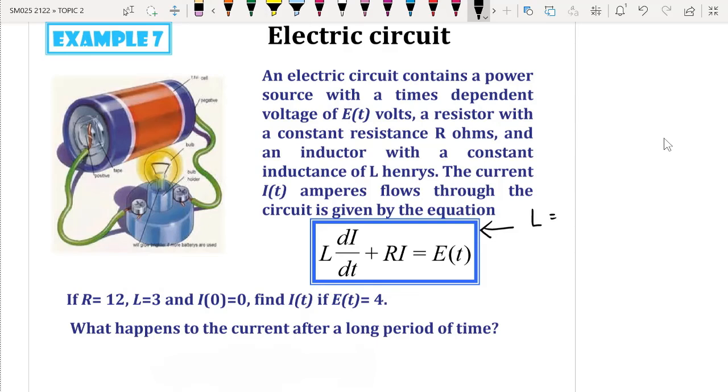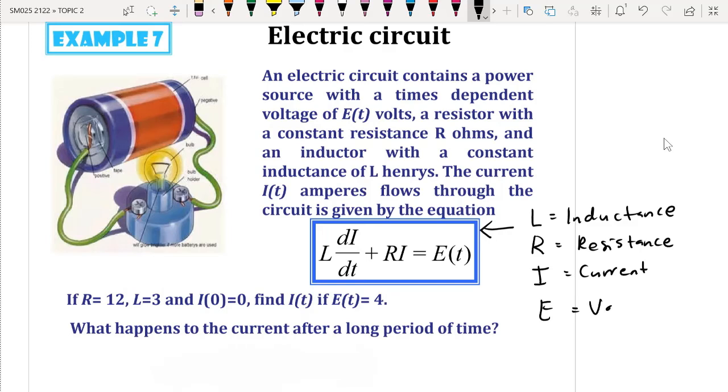So L here in this case will be inductance. And then we have R here. R would be resistance. And then we have I. I is basically current. And last one we have E. E is voltage. Okay.